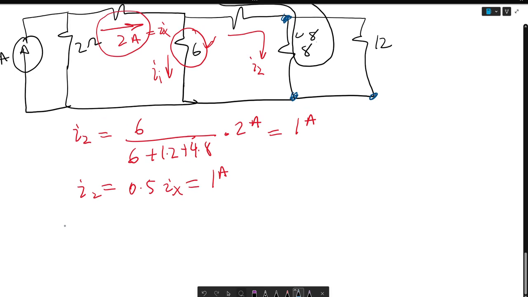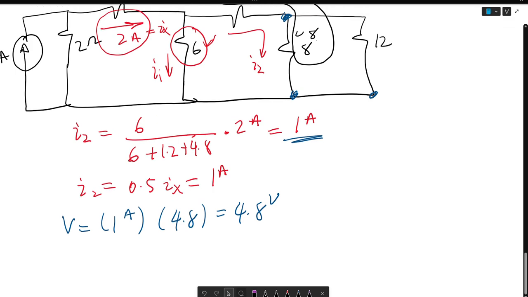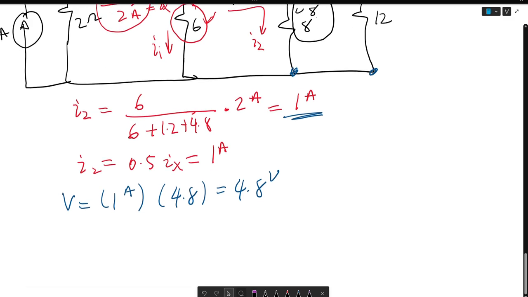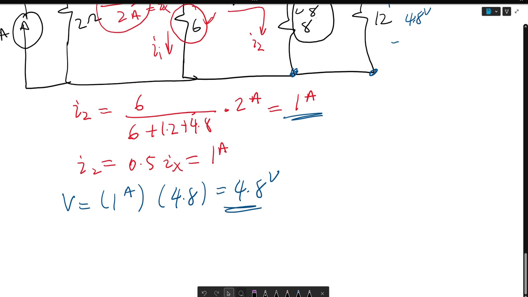So what we can say is that V is equal to 1 amp, which we got from here, times 4.8, is equal to 4.8 volts. So the voltage drop across this 12 ohm resistor is 4.8 volts.